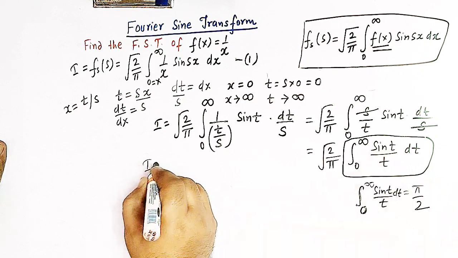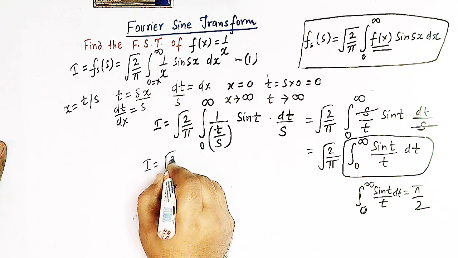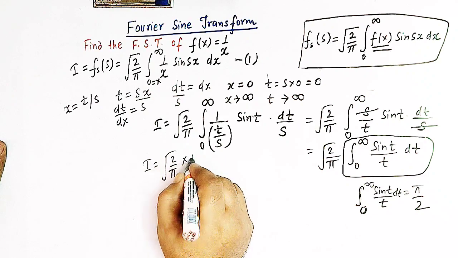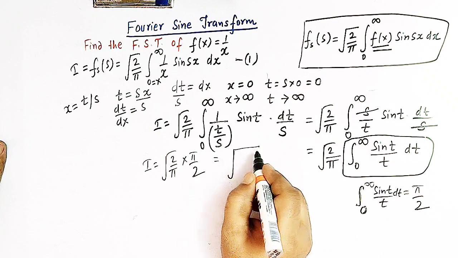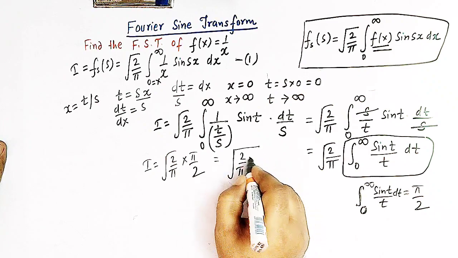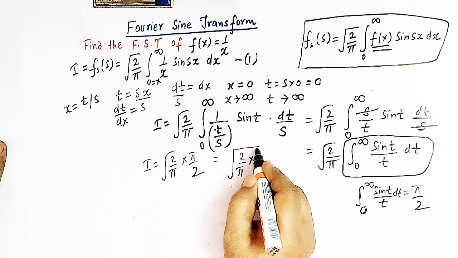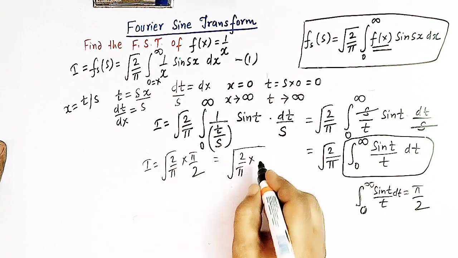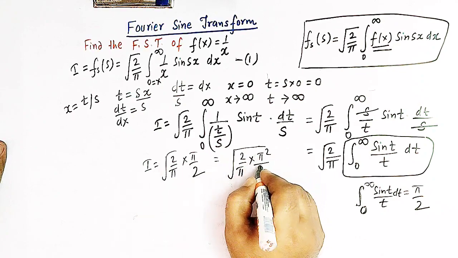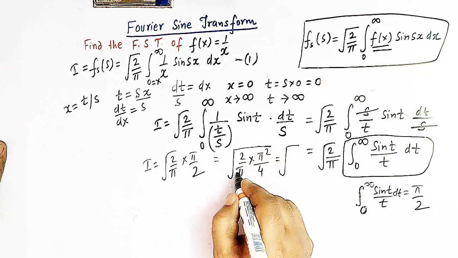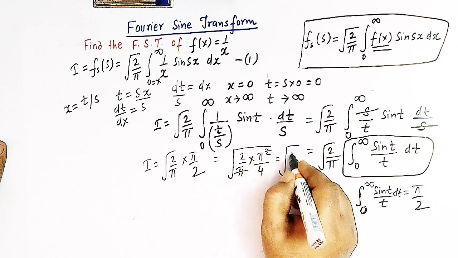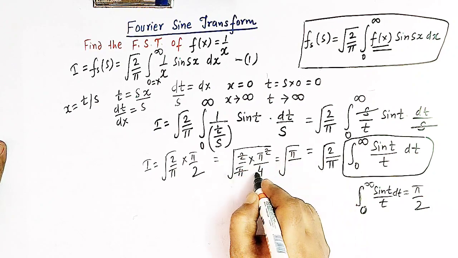So I is now equal to square root of 2 over pi times pi over 2. So we can now write square root 2 over pi, and taking pi by 2 inside the square root sign, we can write pi square over 4. So this is square root of, here pi and pi get cancelled, and here we have 2.